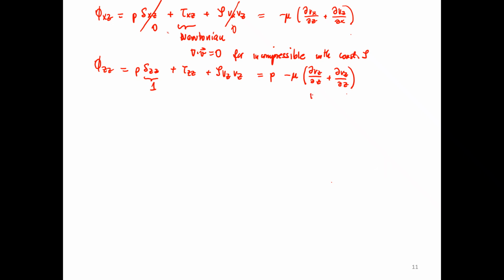My Vz, by assumption, not by definition, is a function of x. And therefore this partial derivative with respect to z is a 0. This disappears. Plus rho Vz squared. Vz is Vz of x, so I'm just writing it as is.